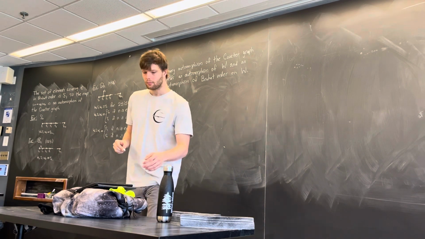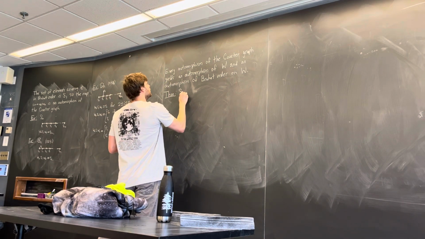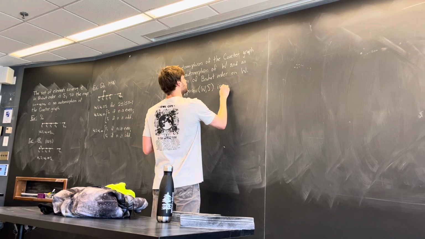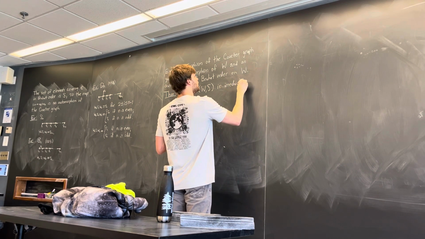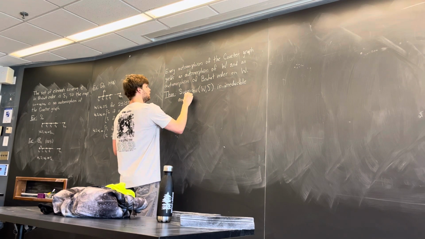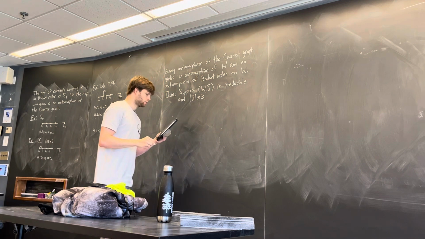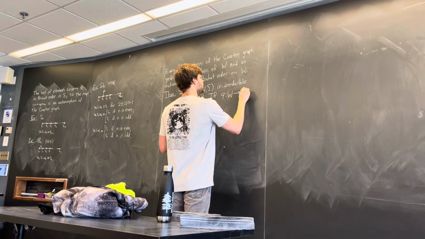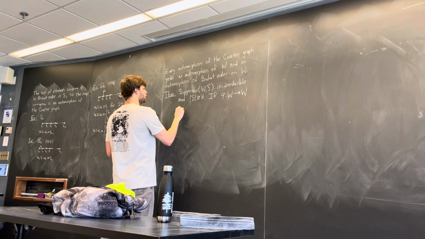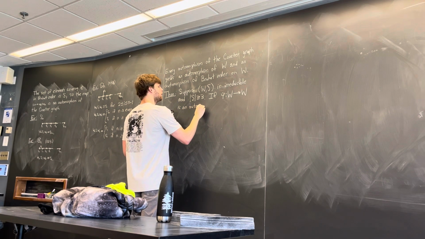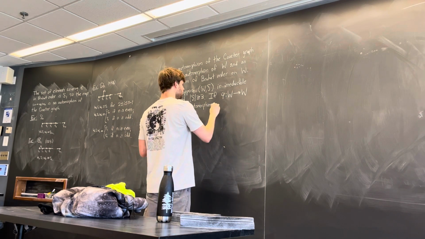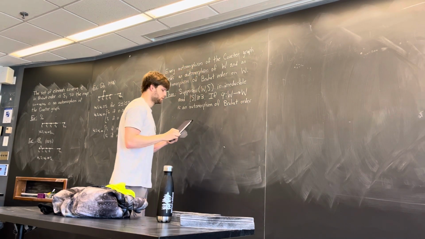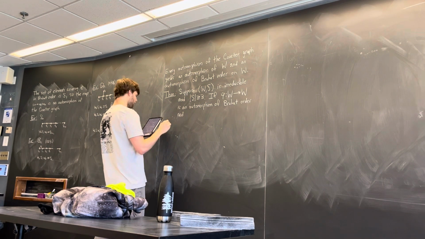Okay, so the theorem is, suppose (W, S) is irreducible and the number of simple reflections is at least 3, then if phi from W to W is an automorphism of Bruhat order, and it fixes all the simple reflections.